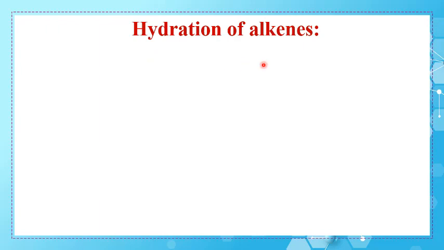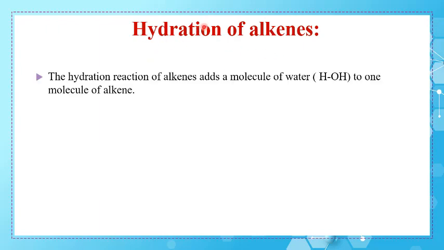For the fourth reaction, hydration of alkenes, hydration means H2O. So we want to add H2O on the molecule of alkene. But we must decompose H2O into parts HOH, and I want to explain why we do that.